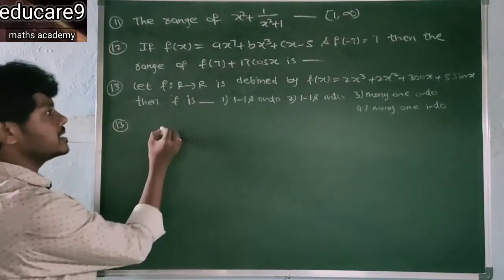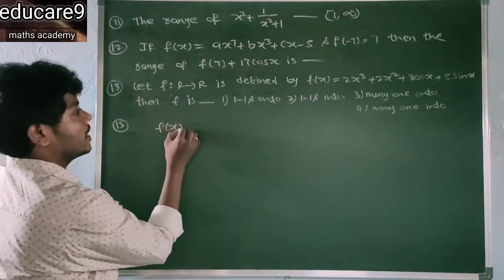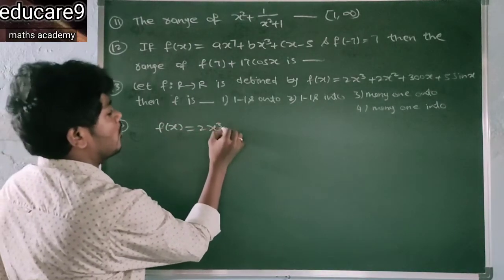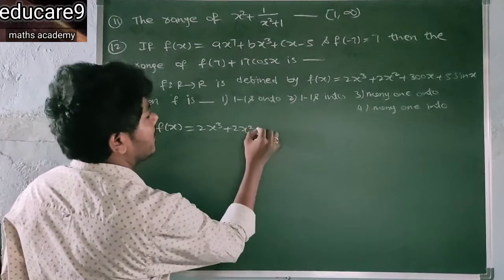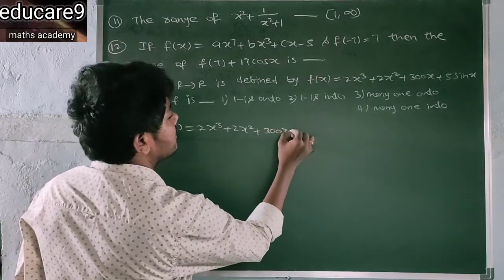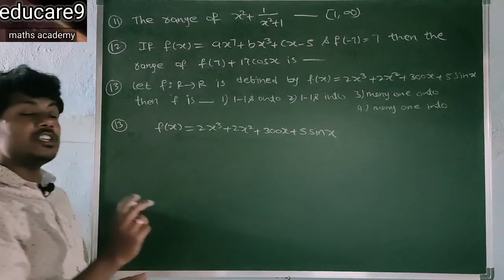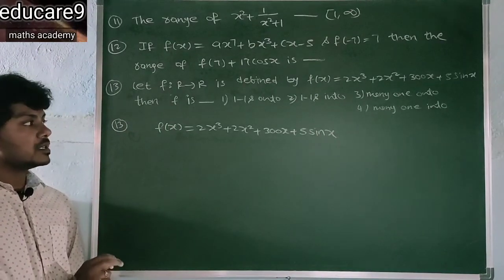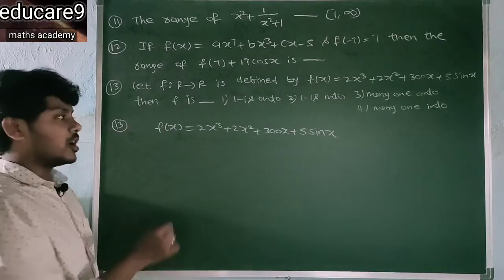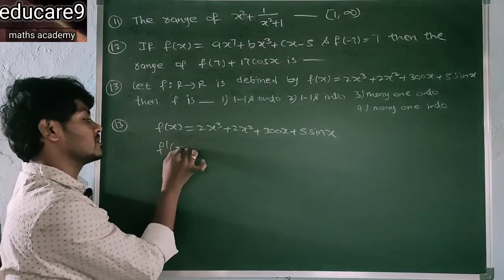f of x is 2x cube plus 2x square plus 300x plus 5 sin x. Then f is what? See here, for this we want to find f dash of x.